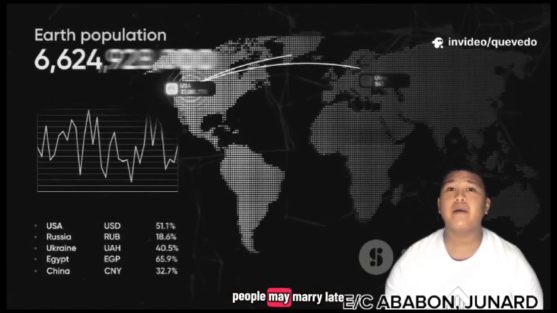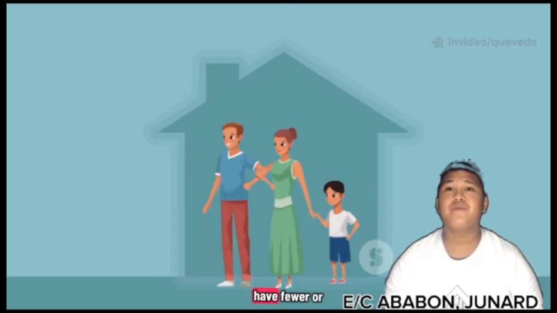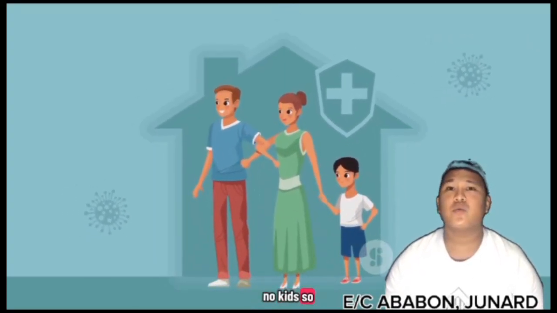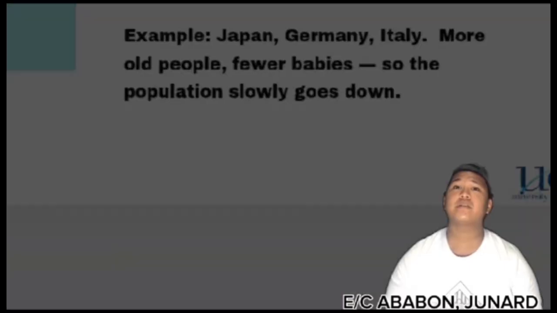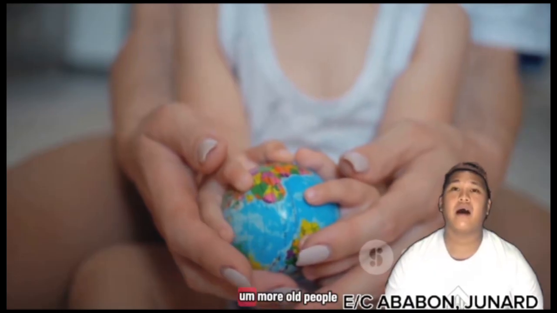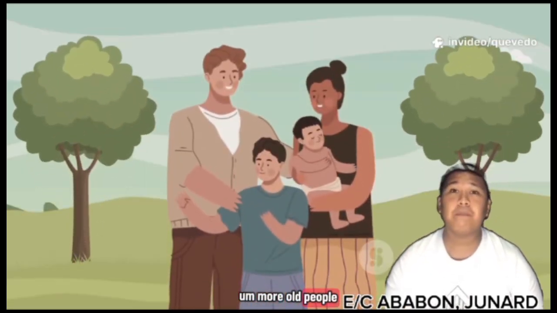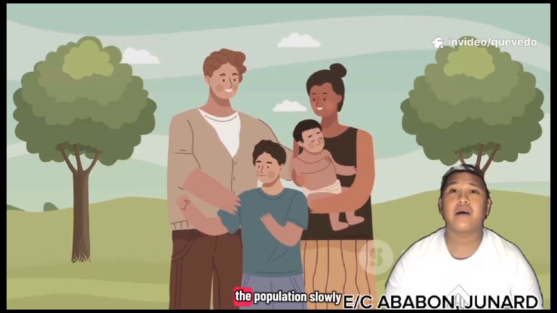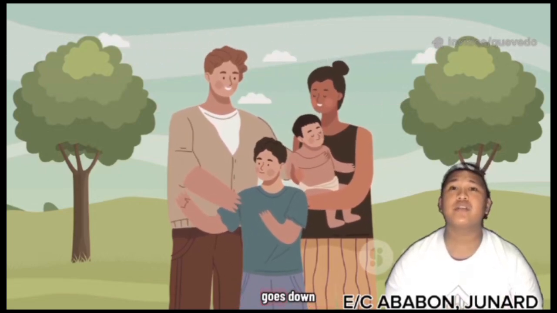People marry late, and have fewer or no kids. Examples are Japan, Germany, and Italy. More old people, few babies. So the population slowly goes down.